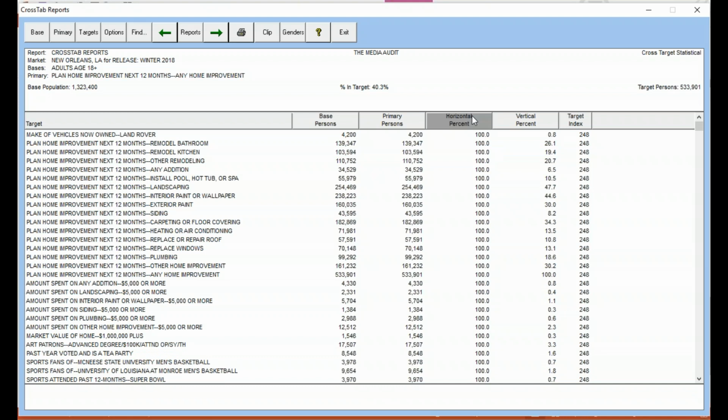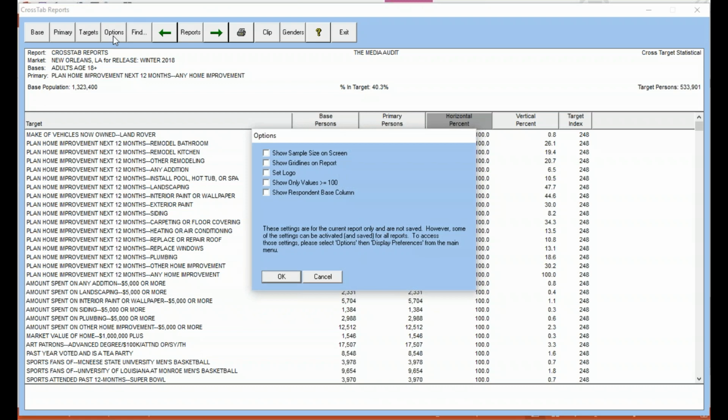You can sort these things. You can sort it this way and look at all of these people that are planning home improvements. If you sort on horizontal percent, your indices will sort in descending order, meaning that these are positively correlated, okay? This is percent penetration. The higher the percent penetration, the higher the index. That's how this report works.